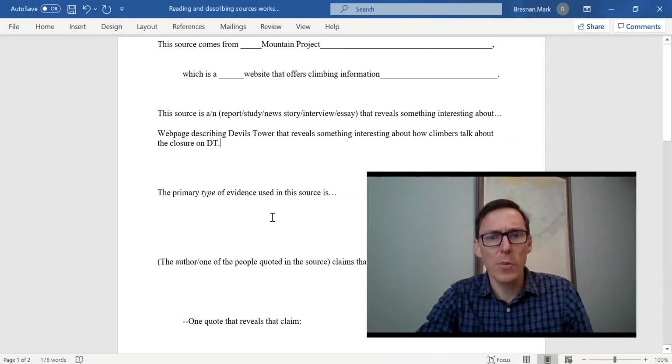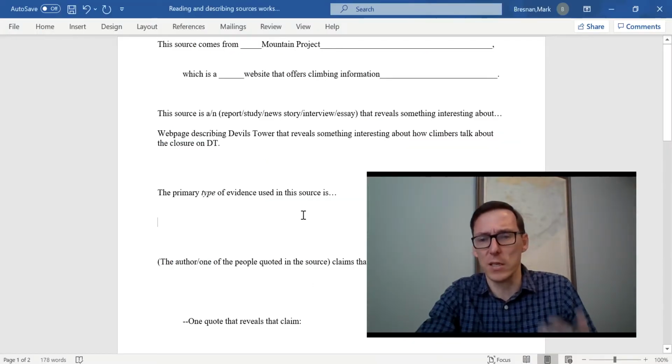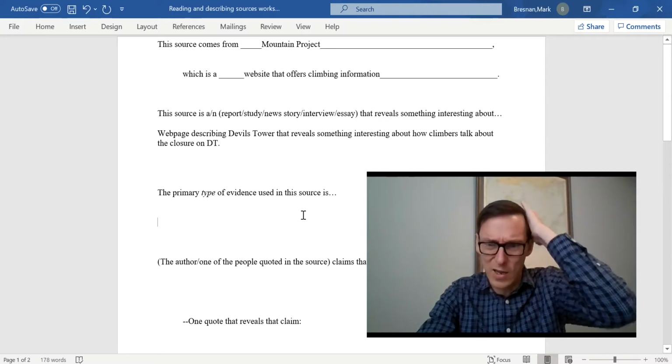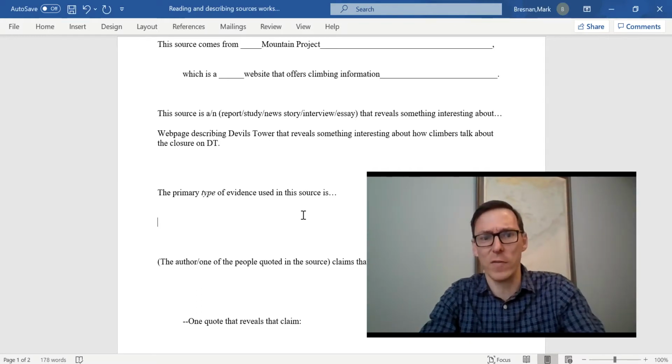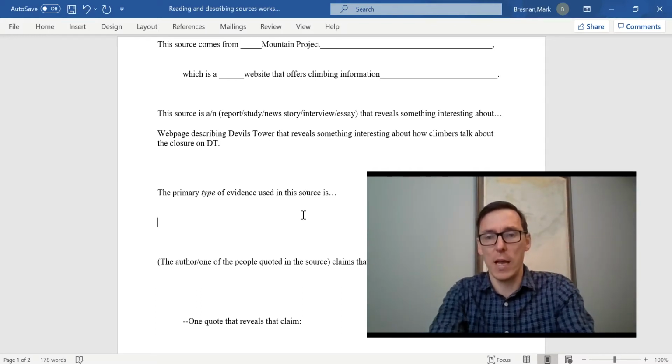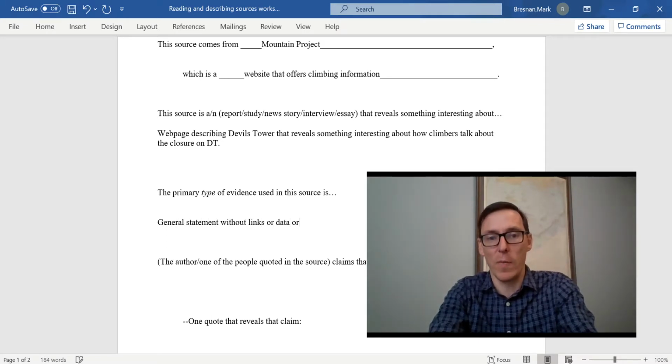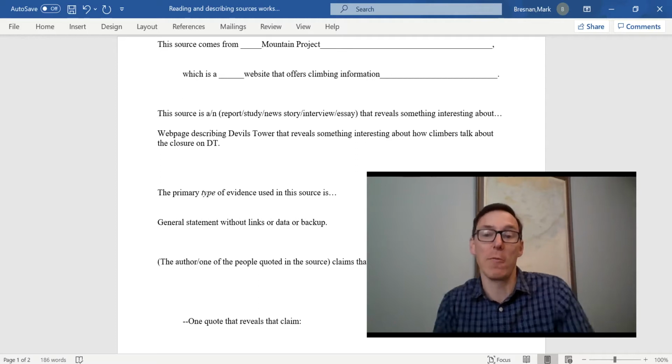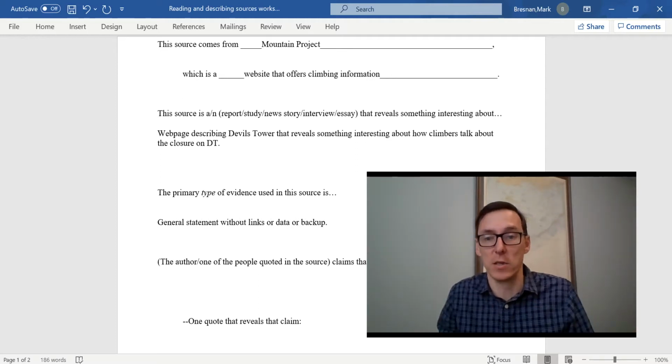The primary type of evidence used in this source is, well, there's not really evidence. We might say it's a general statement without links or data or backup, right? What's actually so interesting to me about it is that it is so general and so vague.